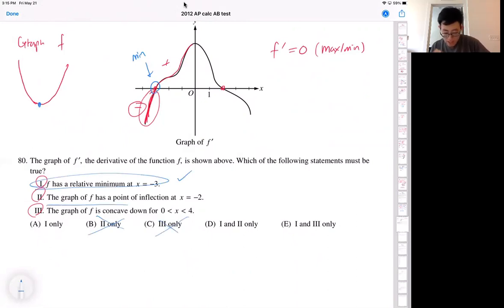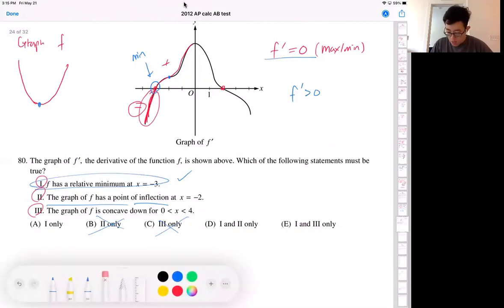The graph of f has a point of inflection at x equals -2. Now, when x equals -2, it means here. The point of inflection is when the derivative graph actually reaches what we call a change in its value. So if the derivative changes from, let's say, being positive, well, actually, wait a minute, no, not derivative.